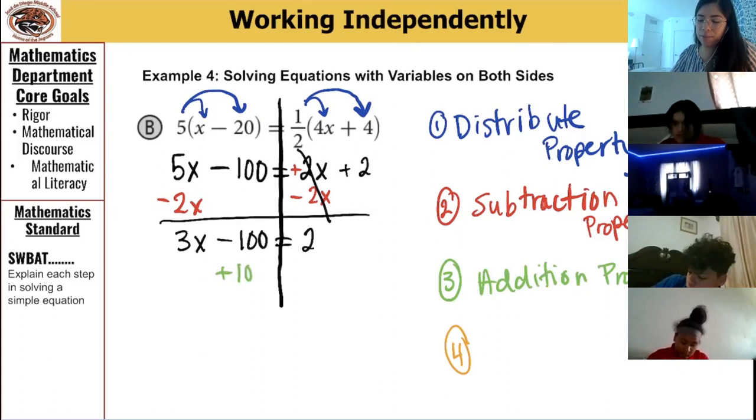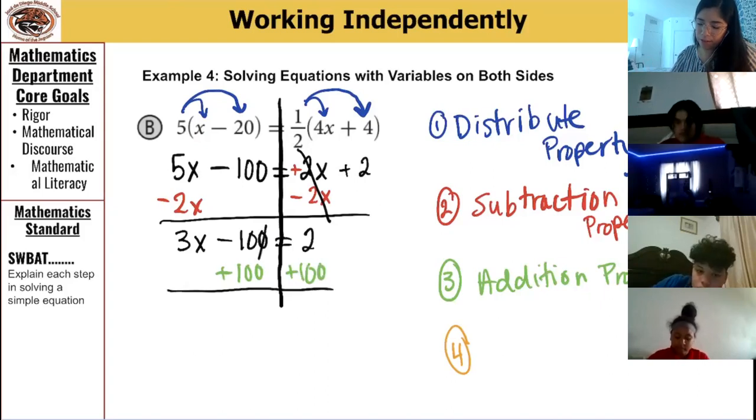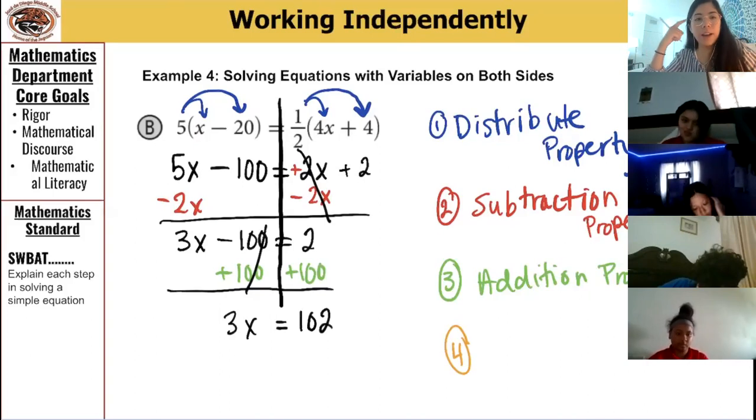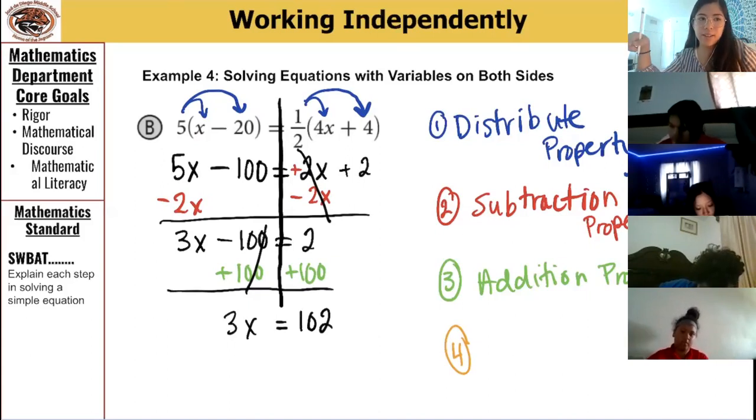That's why you have to put plus 100 underneath. You're going to do the opposite. Now I'm left with 3x equals 100 plus 2, which is 102. I saw a few people had negative 98. If you had negative 98, that's because you subtracted. Make sure that you added.